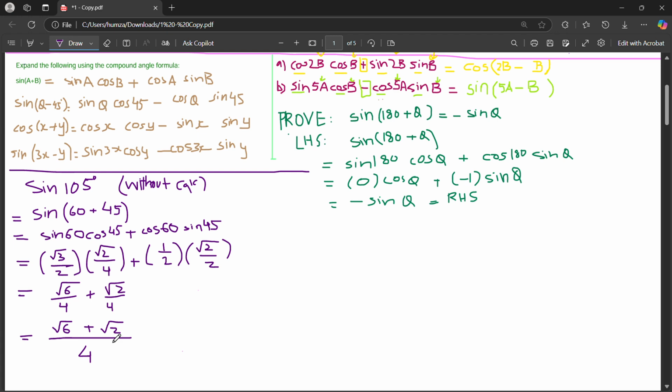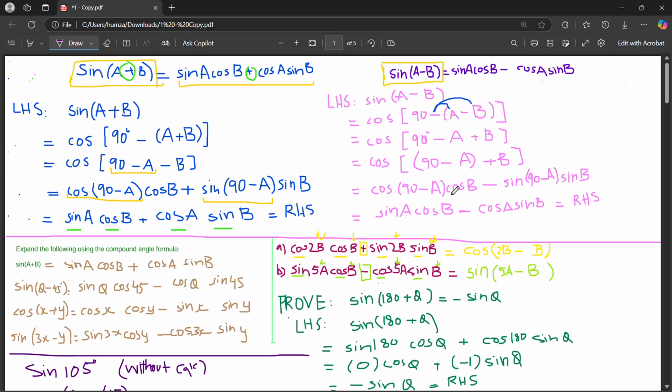Sin 105 is equal to root 6 plus root 2 all over 4. I hope you understood so far. So this was the lesson discussing the compound angle sin(A plus minus B) and the related exam type questions.